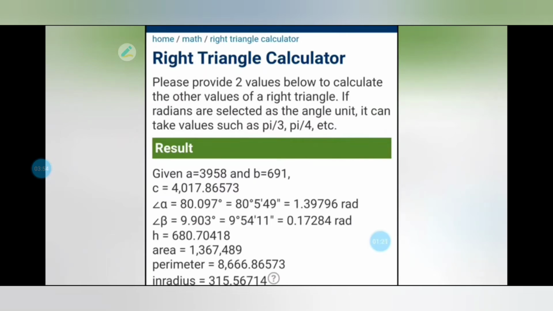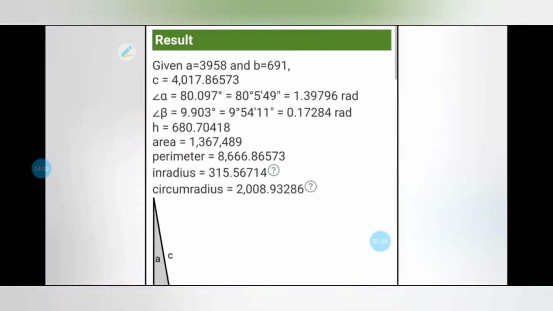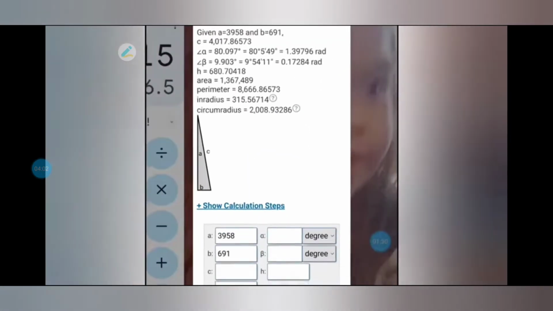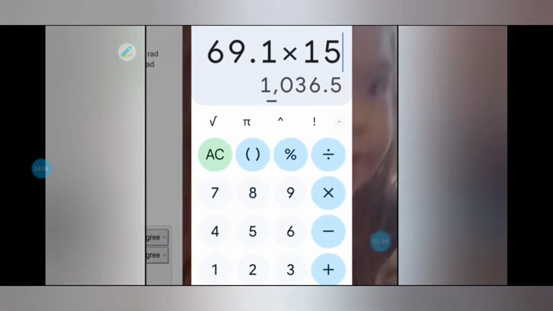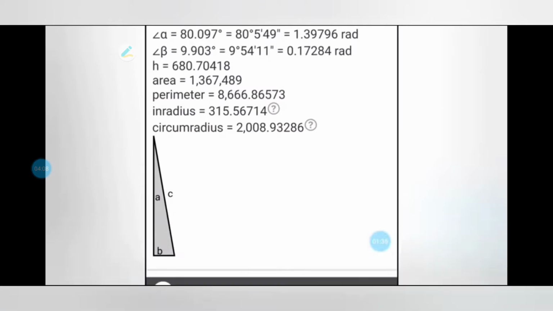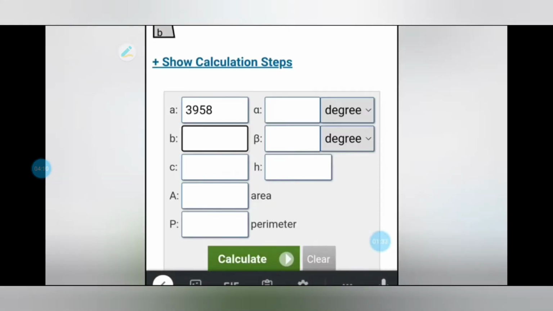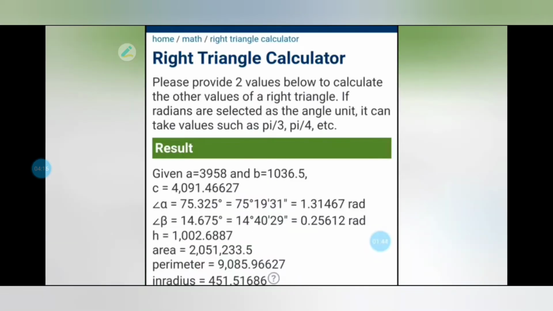And surely it does, 80.0 degrees. So it seems to work pretty good on a flat Earth, because we've traveled 690 miles and it's still working just fine. So let's do 15 degrees. That's 1,036.5 miles. And we put in 1,036.5 miles. Let's see what we get. 75 degrees. What do you know? Coincidence?